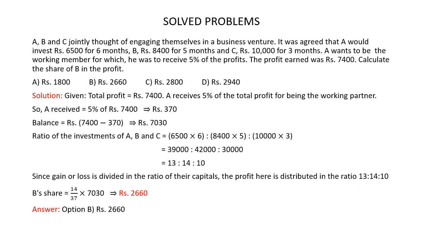So out of 37 parts, B's share is 14. So B's share is 14 by 37 multiplied by 7,030, which is 2,660. So B's share is rupees 2,660 in the profit. So the correct answer is option B, rupees 2,660.